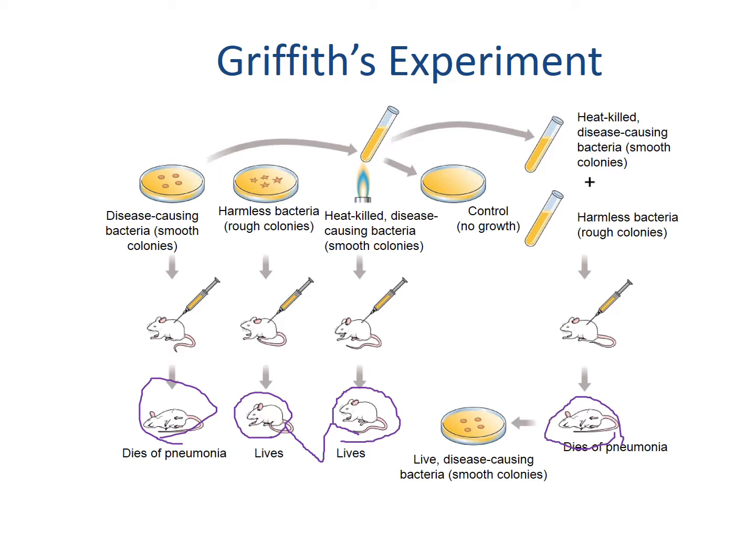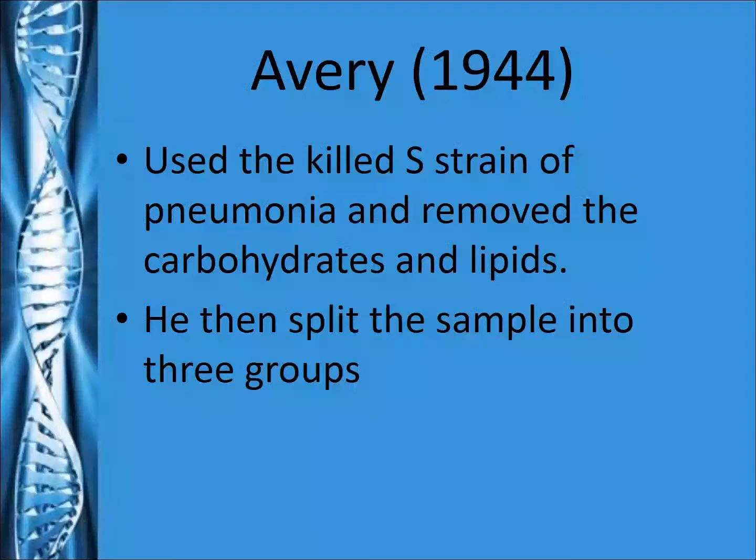And when they looked at the bacteria, they found not R, but actually S. So Griffith made the conclusion that something from the S strain converted the R strain into the S strain.